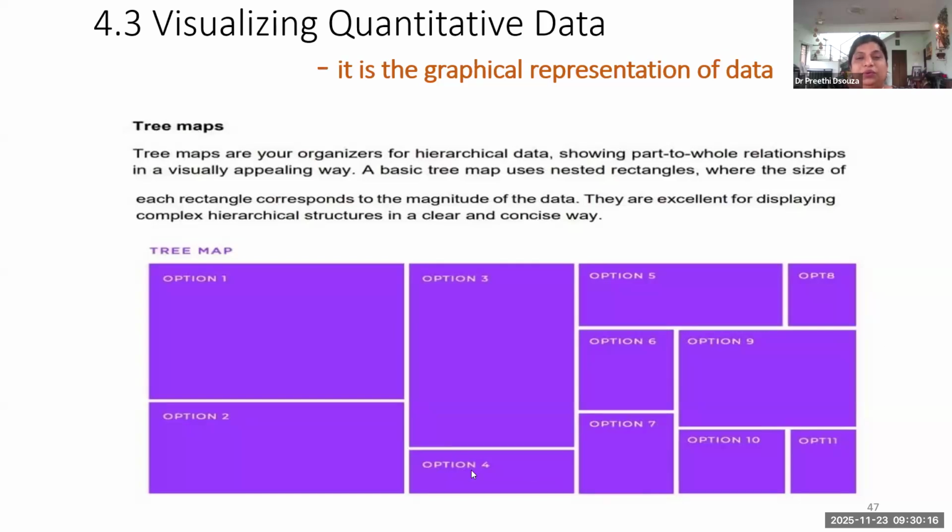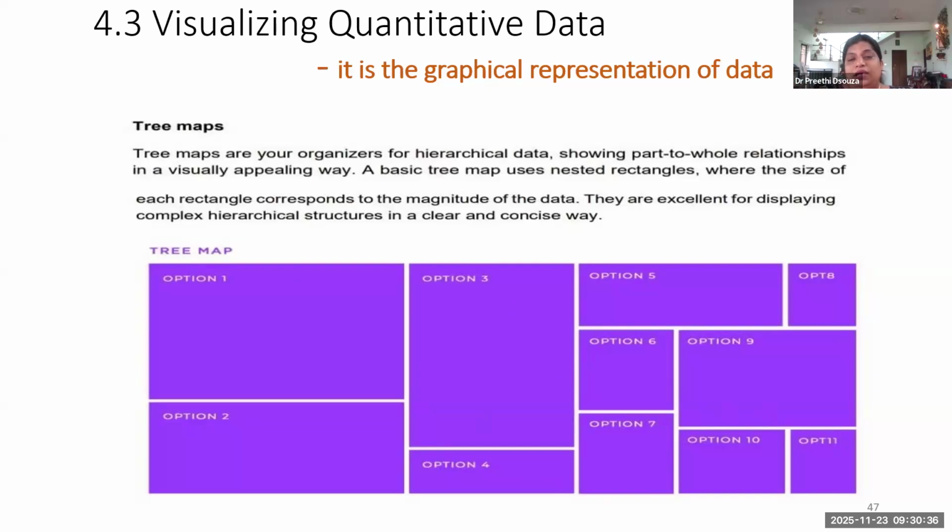Okay, what is a tree map? For example, there are 100 students in your class. And you ask them, out of the 100, we will go for a picnic and there are 10 options for you. Tell me which is the option that you would like to select.